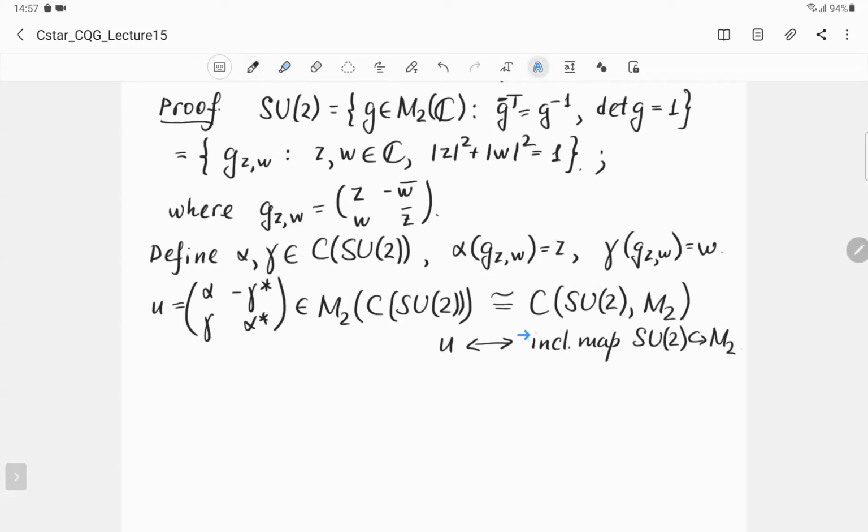And so a continuous matrix valued function is unitary if and only if its range is contained in unitary matrices. But the inclusion map obviously satisfies this condition. And so this observation implies that U is unitary.